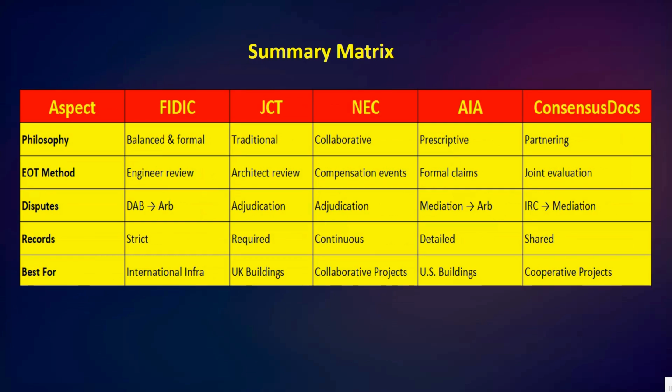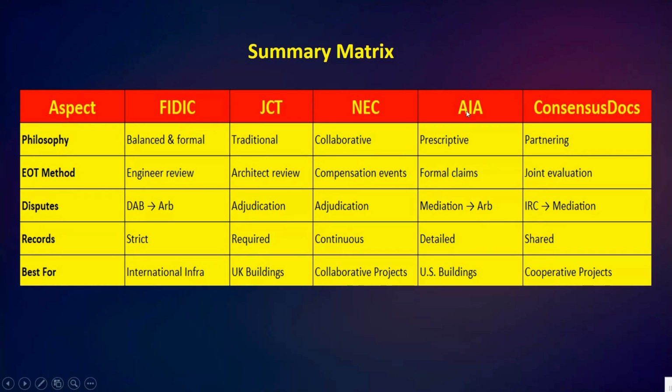So here you can see we have the aspects: FIDIC, JCT, NEC, AIA, and consensus docs. When we talk about FIDIC, you can say FIDIC is balanced, formal, and best for international infrastructure projects. Second, we have JCT. JCT is, you can say, traditional and best suited for UK-based building works. Then NEC.